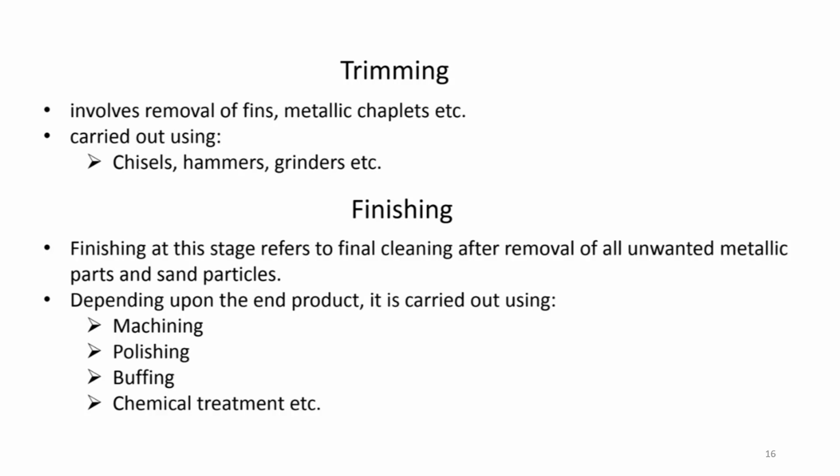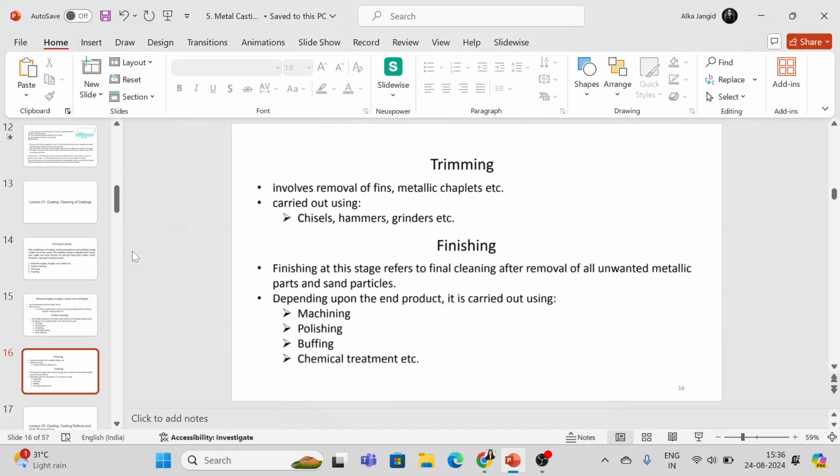Next is trimming. It involves removal of fins, metallic chaplets, etc., and is carried out using chisels and hammers or grinders. These are the defects or extra parts that are removed. Next is finishing. This stage refers to final cleaning after removal of all unwanted metallic parts and sand particles.